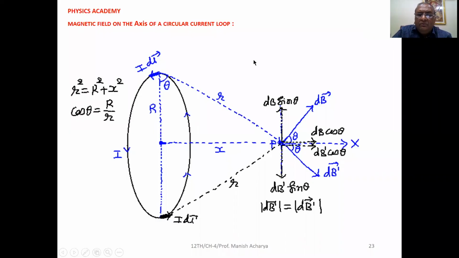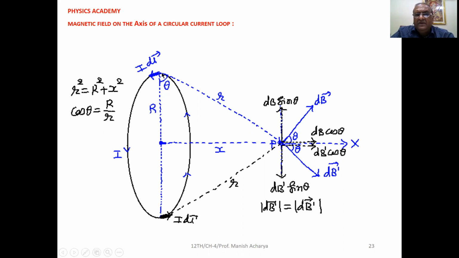Now here we have to use Biot-Savart law. In Biot-Savart law, we already discussed how one can find the magnetic field at a point due to any current element. So here we have to consider an infinitesimally small current element on the circumference of the ring.